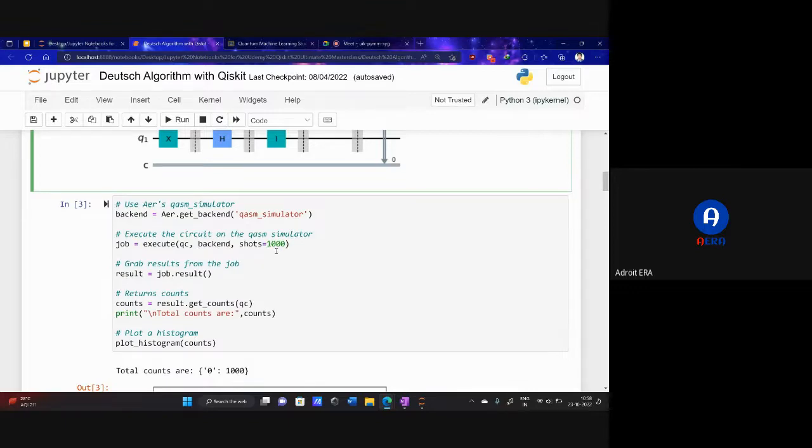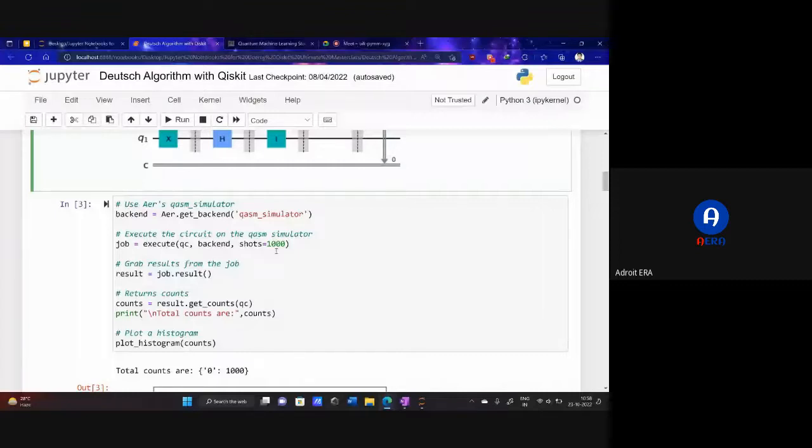Because you have to run the circuit many times. Why do you have to run the circuit many times? Because the results of quantum computation are probabilistic in nature. As we have already seen, we have coefficients attached to the quantum states, and you do not know what will happen after the measurement, where the states will collapse to.